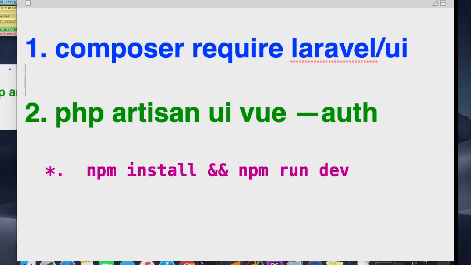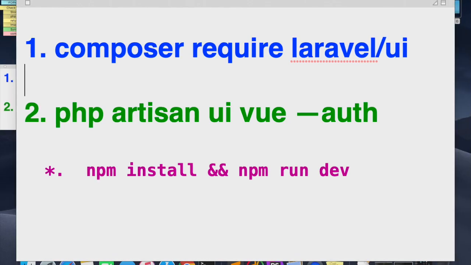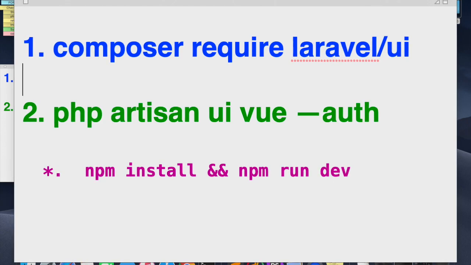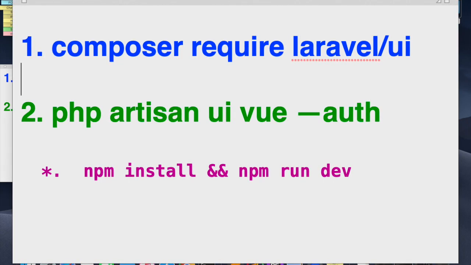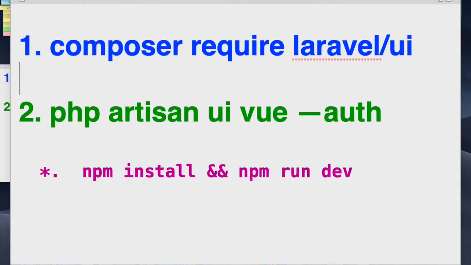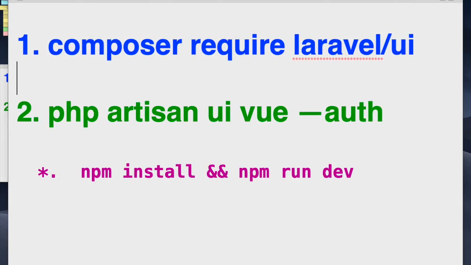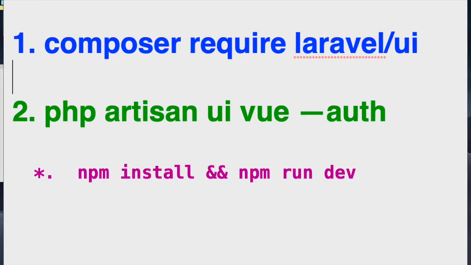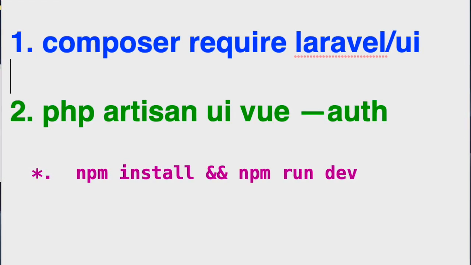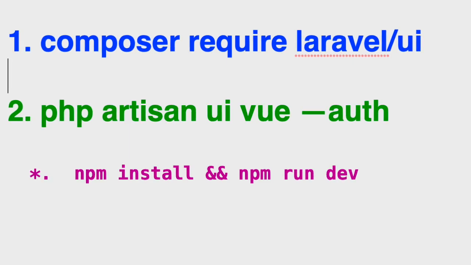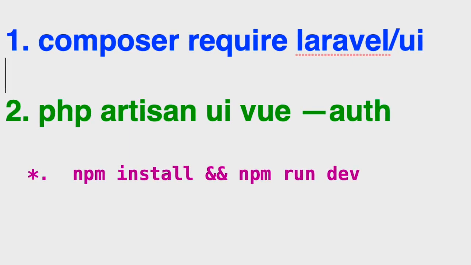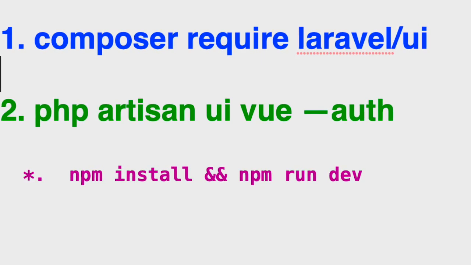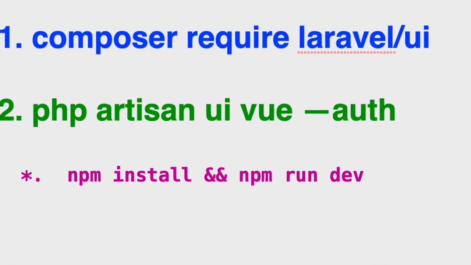But it will be important to note before I leave you that you need these two commands to make this work. First, composer require Laravel UI to get the package, and the Laravel Artisan UI view auth to scaffold it. And as you saw, we needed to run npm install and npm run, which also means you need a node package manager to make this work.